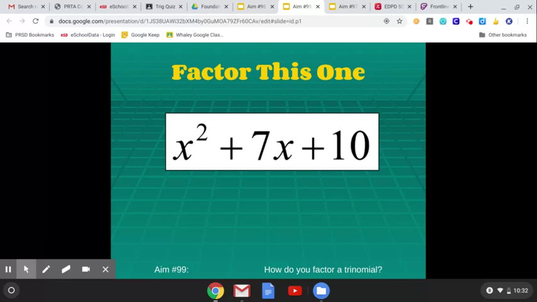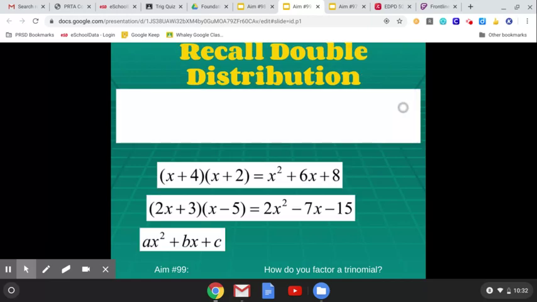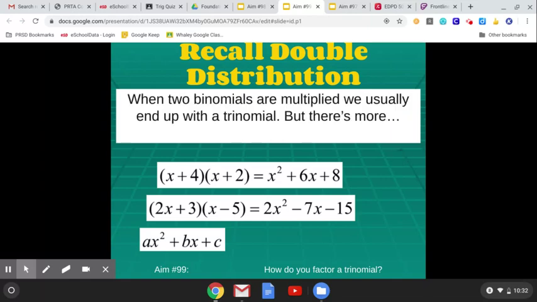Now, in order to do some of those, I want to keep a couple things in mind. We've done some multiplying before where we double distributed, and I've put a couple of examples down here. Here is the answer you get when you multiply x plus 4 and x plus 2. I don't have all the work there, but you get x squared plus 6x plus 8. And when you multiply 2x plus 3 times x minus 5, you end up with 2x squared minus 7x minus 15.